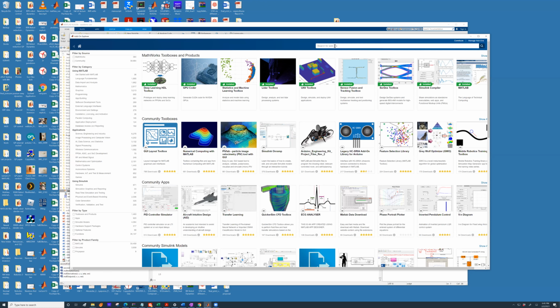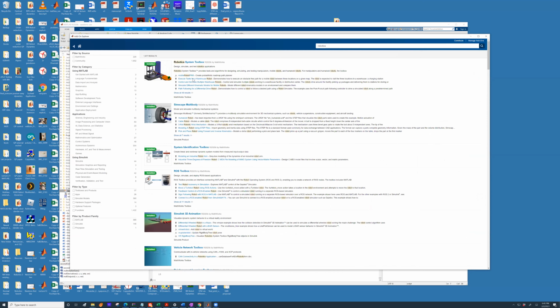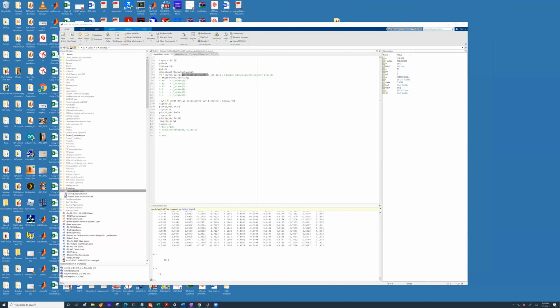Click on robotics, Robotics System Toolbox, and then you can download it. As you will notice, I have installed all these toolboxes, so I do not have that problem. Does that answer your question, Jade?